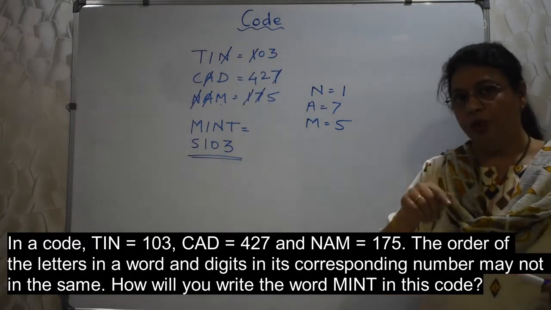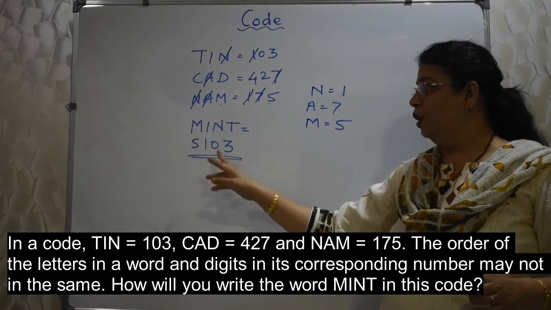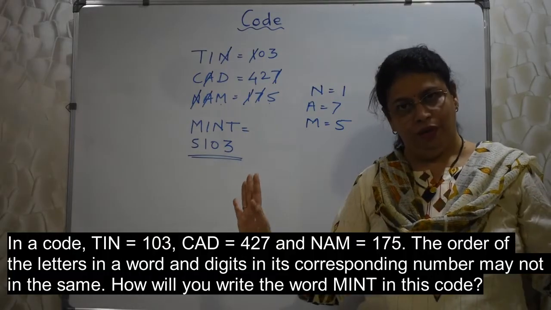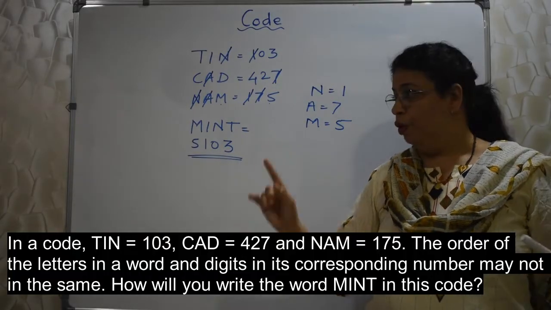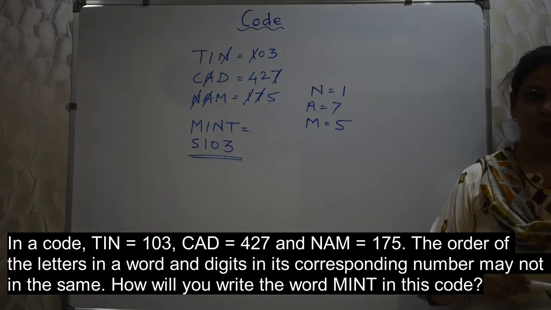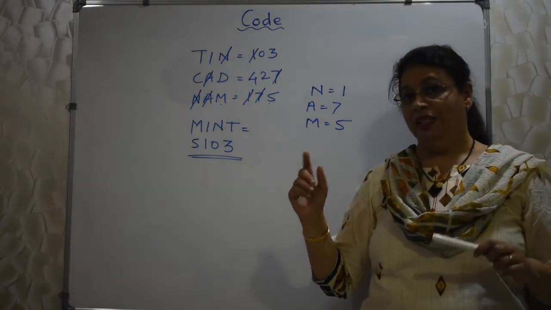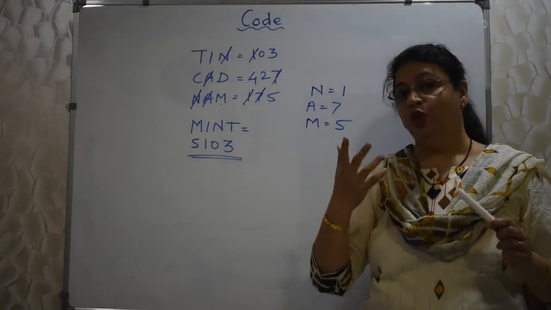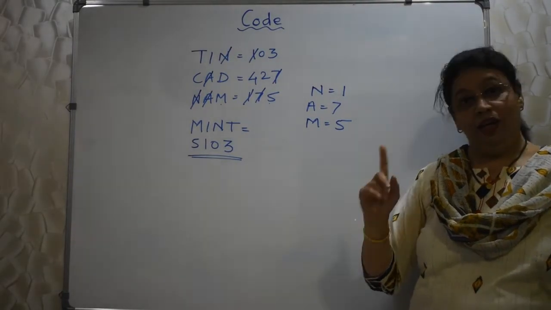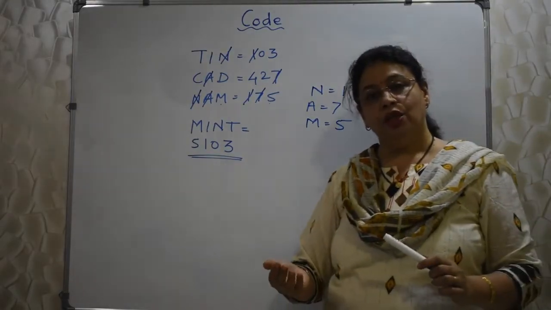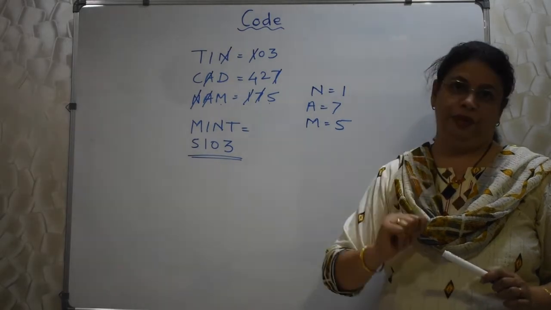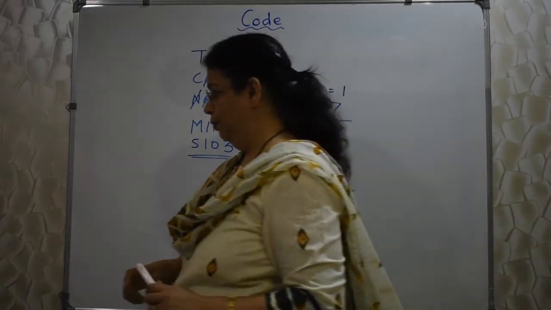So your job is to find out the option which will have these 4 numbers in any order. Any order will do because they have mentioned the order may not be same. Correct student? Isn't it interesting? See, the joy you get in finding out the code, that is aha, it is fun. Try, children, the more you practice the more you will enjoy, believe me. Let's go ahead.